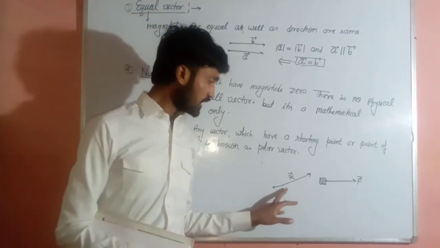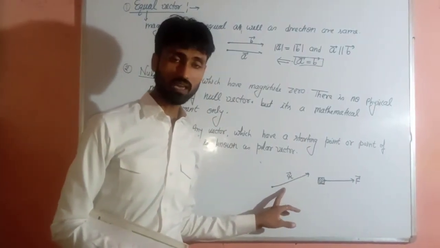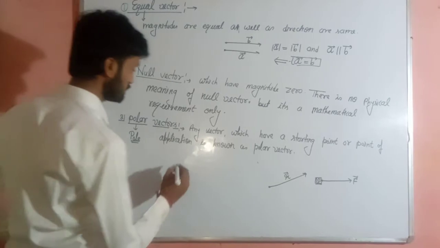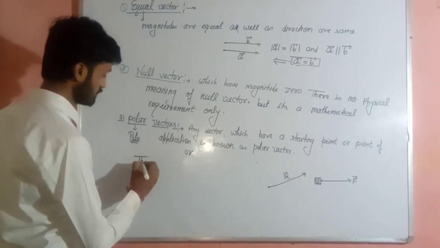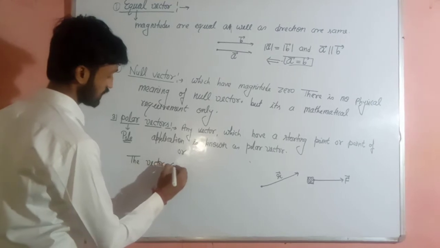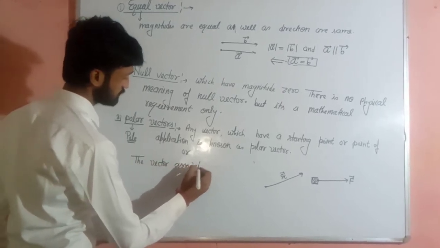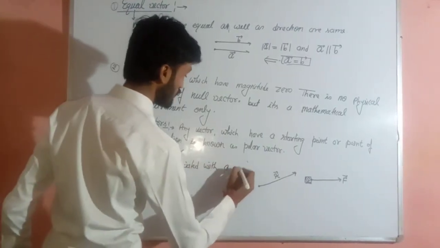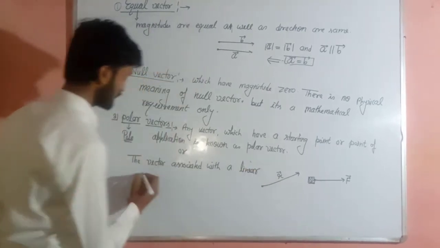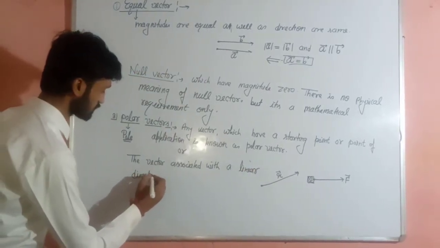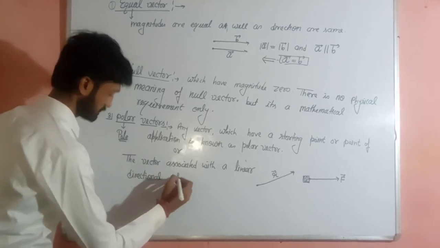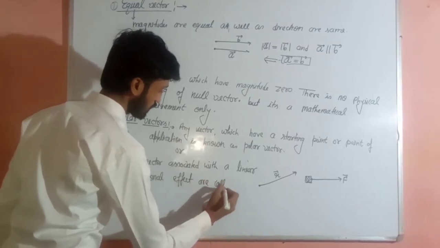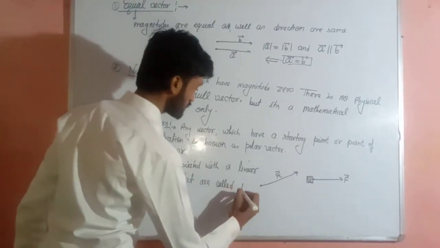have a linear directional effect. So we can write another definition here: the vectors associated with a linear directional effect are called polar vectors.